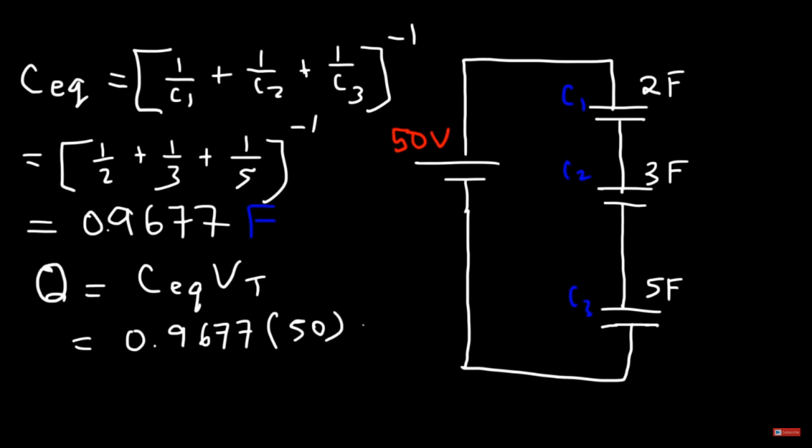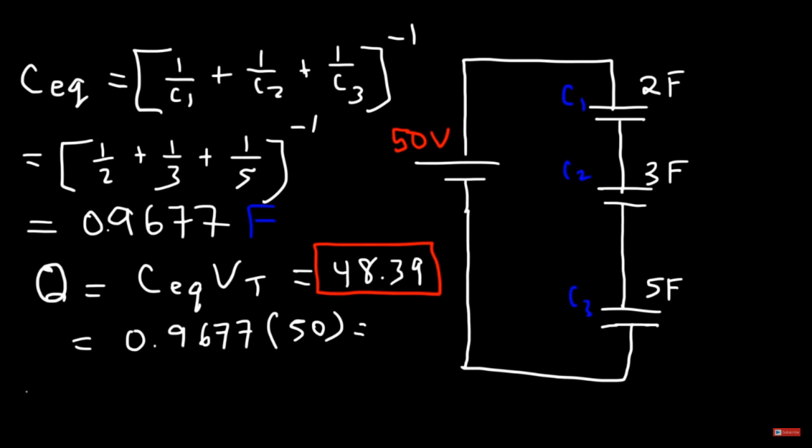So 0.9677 times 50, that's equal to 48.39. So that's the total charge, which is the charge on each capacitor, which are the same.